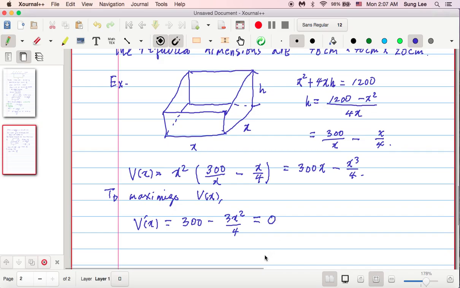If you multiply each side by, what do you have to do? Multiply by 4 thirds, right?